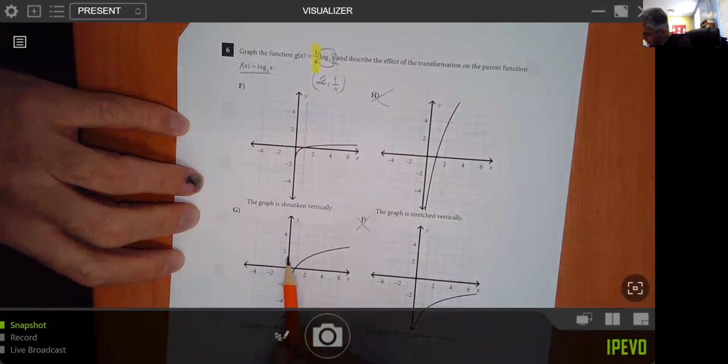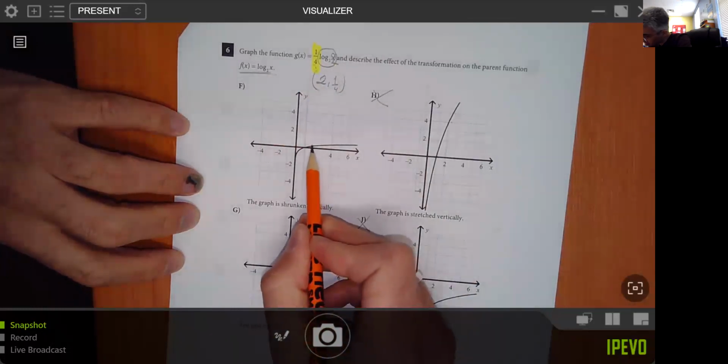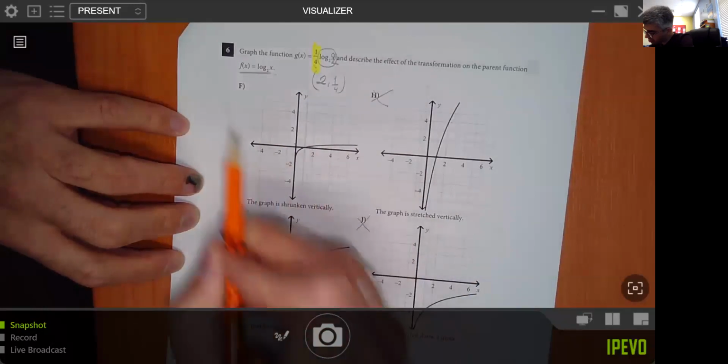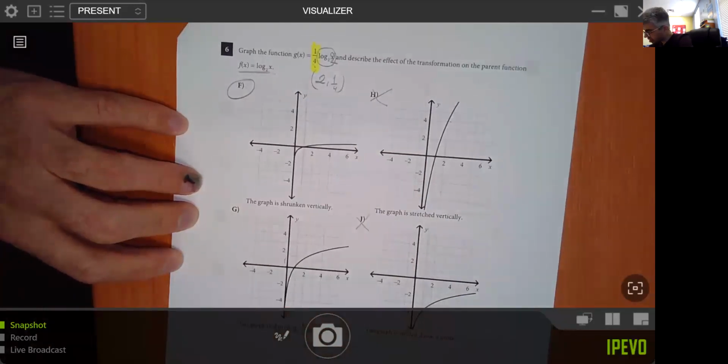Guys, this is 1. But here x is 2, it's 1/4. The answer is F. The graph is shrunken, compressed, I think they had to say. Okay. Is it clear?